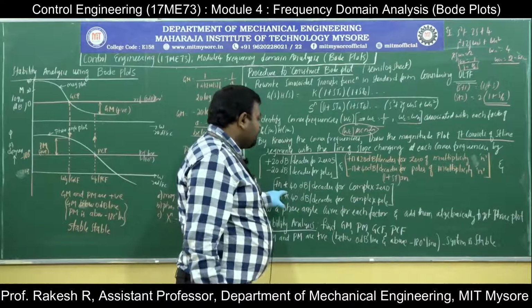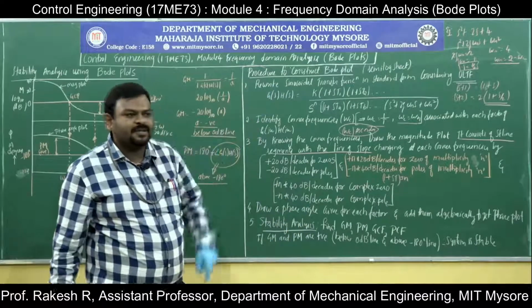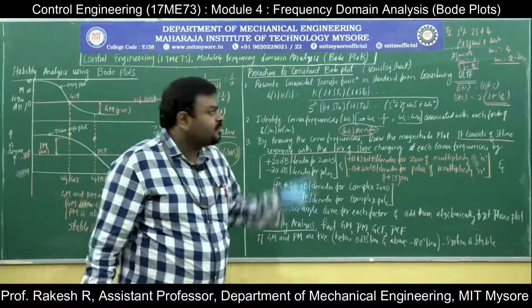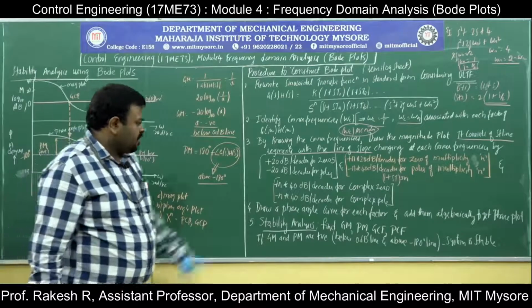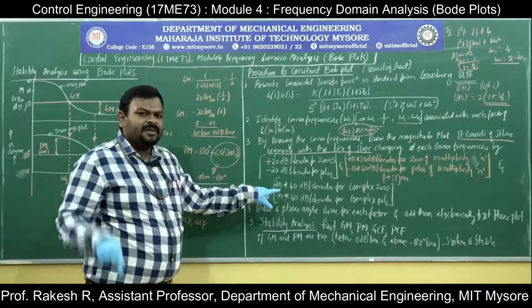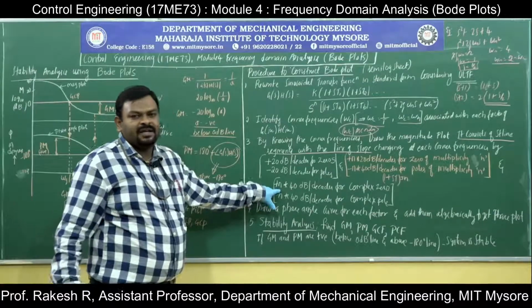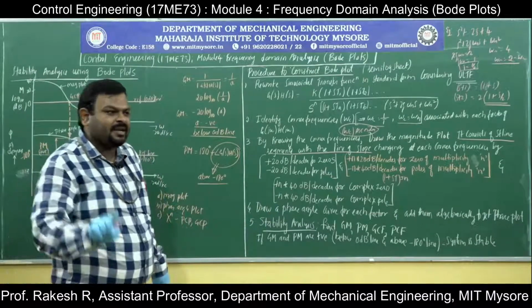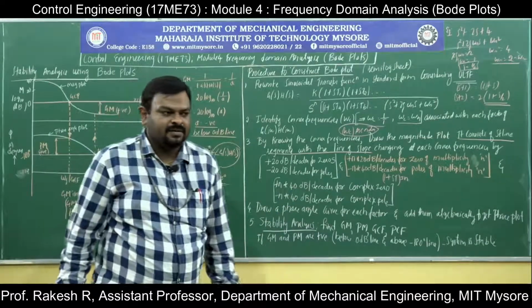Then, for complex zeros and complex poles, in other words, for s square terms: whenever there is an s square term in the problem, that refers to complex zeros or poles. So if there is a complex zero, that means the s square term will be in the numerator, the power of index will be n is equal to 1. Since s square is already there, the slope for the s square term is 40 decibels per decade.